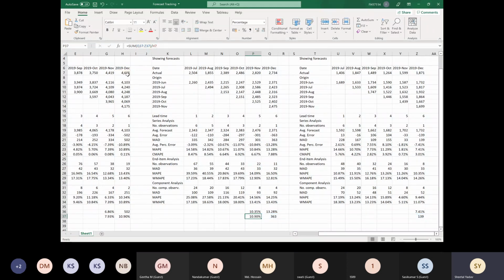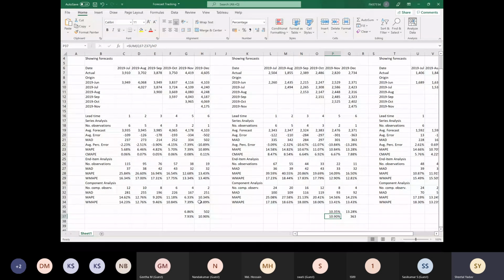I am using that value to derive my WMAPE, and that's what you can see. Of course, there is a slight difference in the decimal values, but that's okay. That's how my system is calculating the WMAPE, and this is the important factor that we have seen companies utilizing globally.